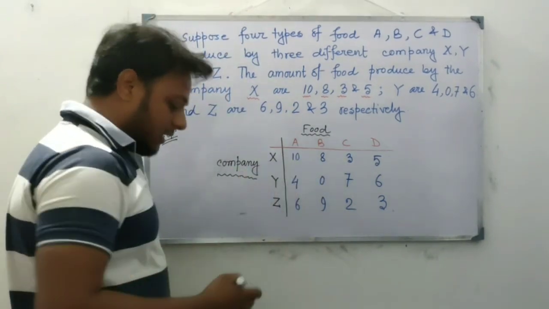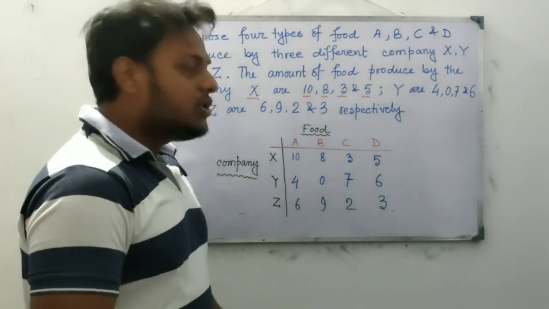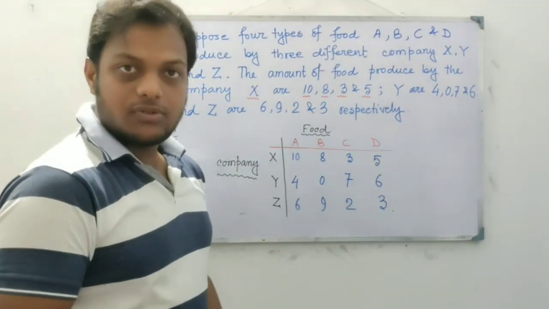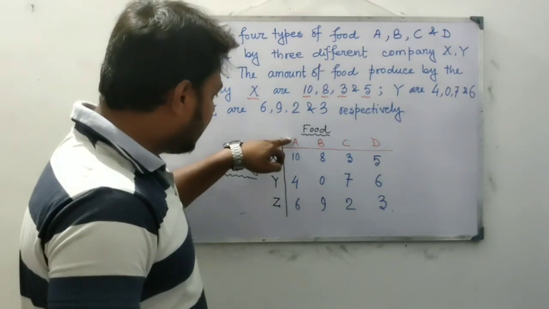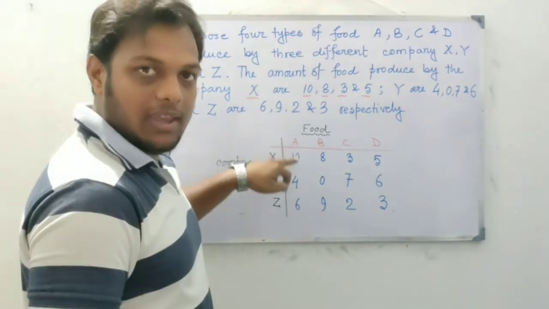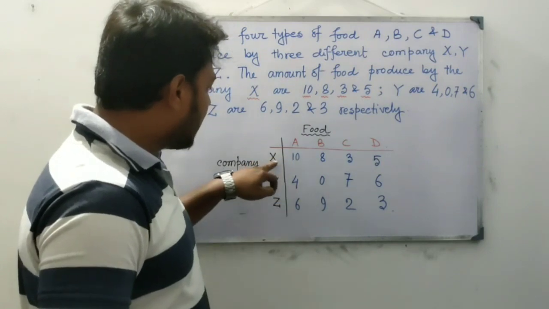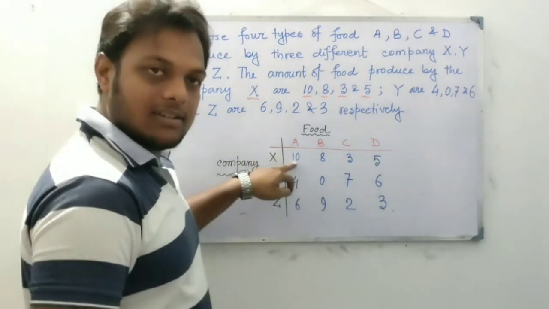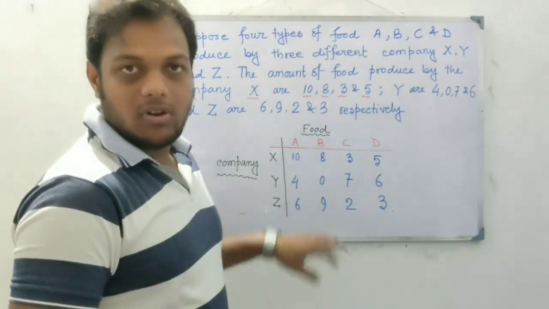From this table we can easily identify which company produced which food the most. For example, food type A is produced maximum by company X. Understood? From this table we get all the information.